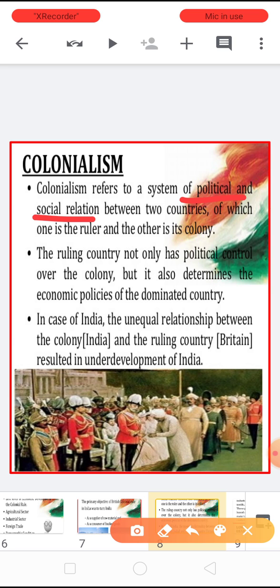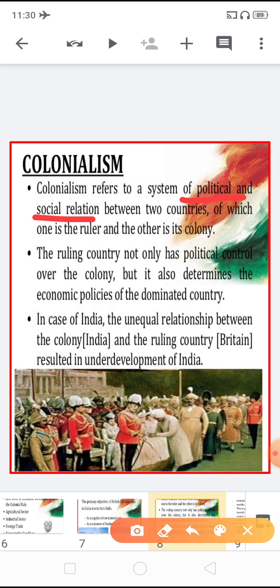One thing to understand here, children: India is considered a colonial country, and the ruling country is considered the British company.